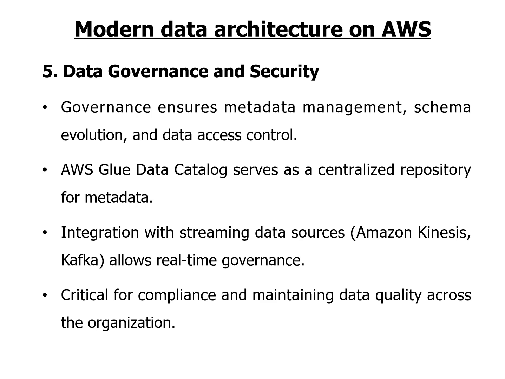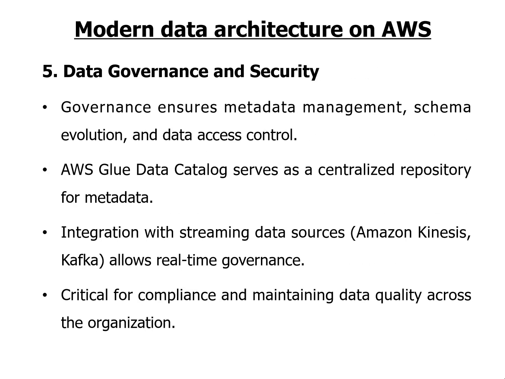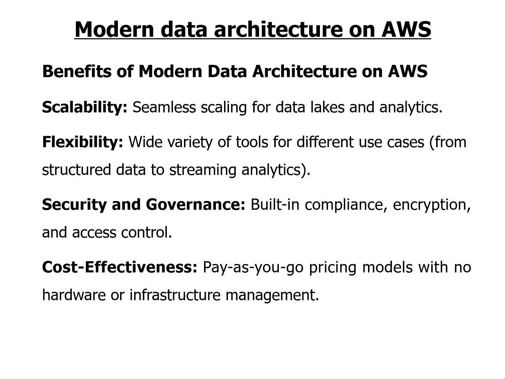It is critical for compliance and maintaining data quality across the organization, which we can easily maintain, along with data security, with the help of AWS. This service is also available in AWS. So these are the various services we can get over the AWS. So that is what modern data engineering on AWS is.